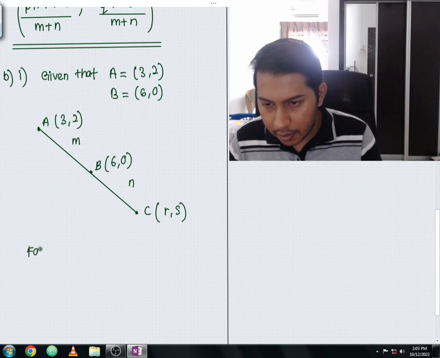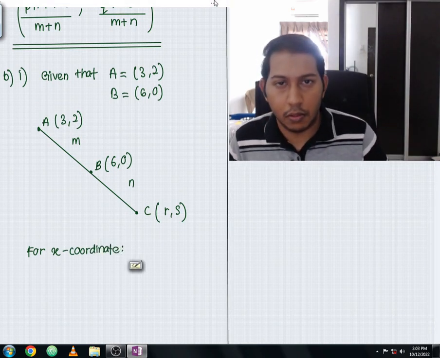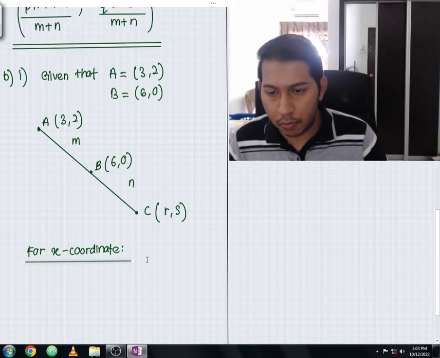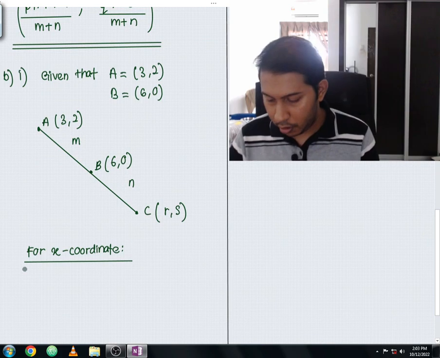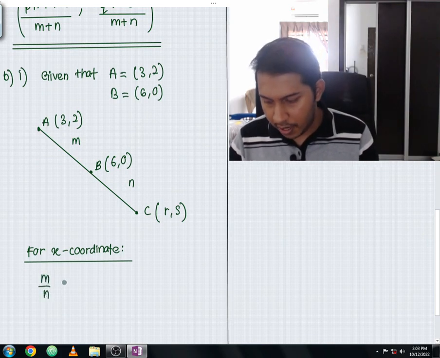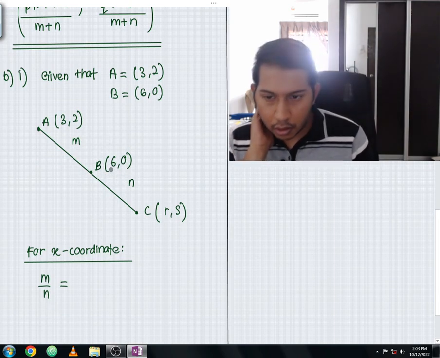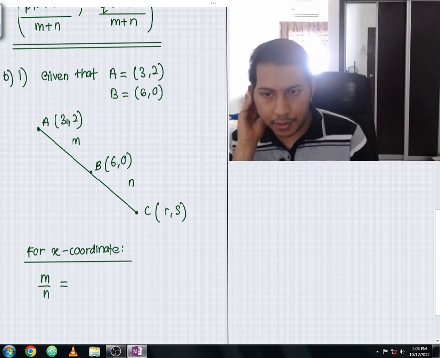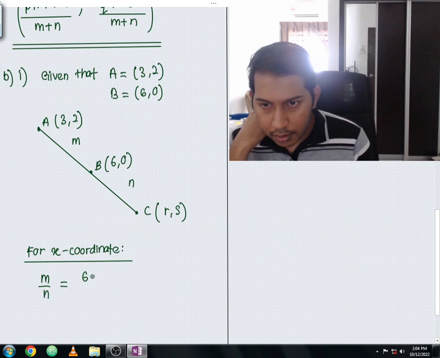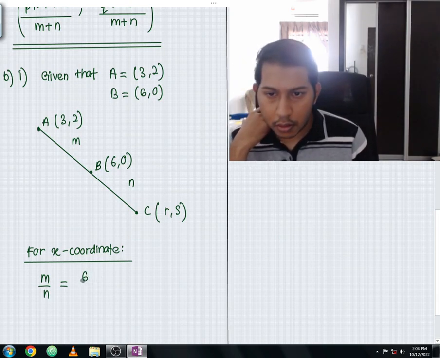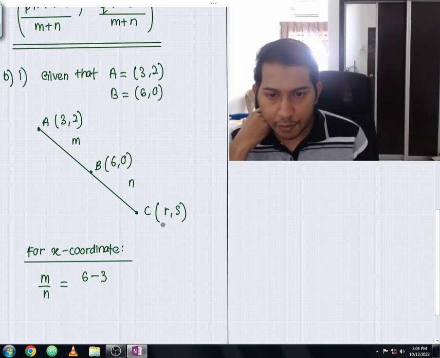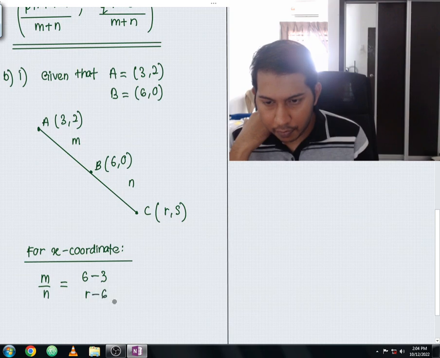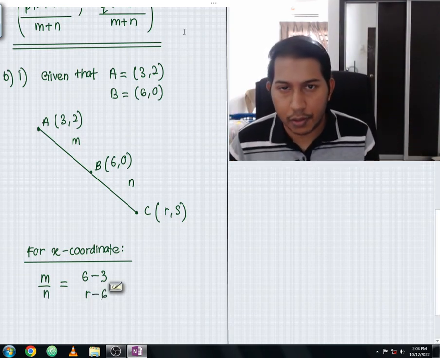Let us start with the x coordinate. So from here, the ratio M divided by N is equal to 6 minus 3 for the ratio M, and for the ratio N, it will be R minus 6, because we are just solving the x coordinate.